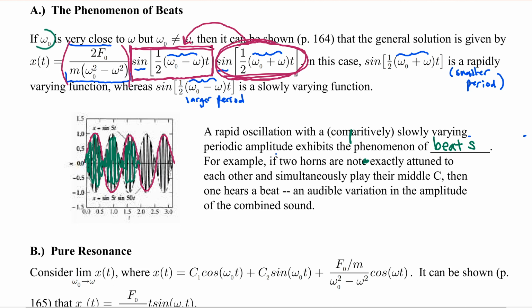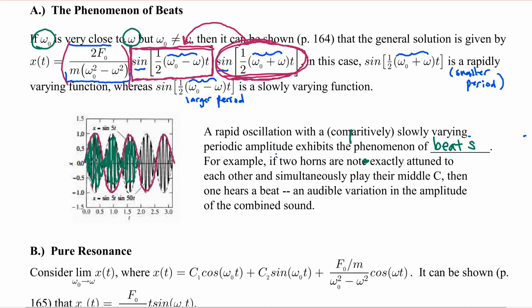So if their notes are very close, but one is off tune just a little bit, and you listen to it, maybe you've done this with the piano. If you've ever tuned a piano, you play a tuning fork and you listen for variation in the sound. It sometimes sounds like a wah, wah, wah sound, or if you have two horns that you play together and they're off just a little bit, you can actually audibly detect the variation in that amplitude. So we call this the phenomenon of beats.